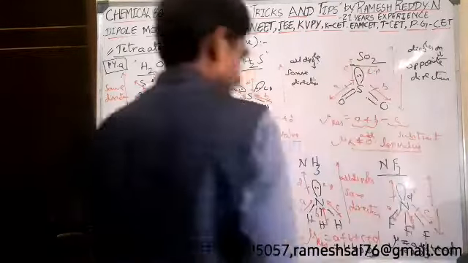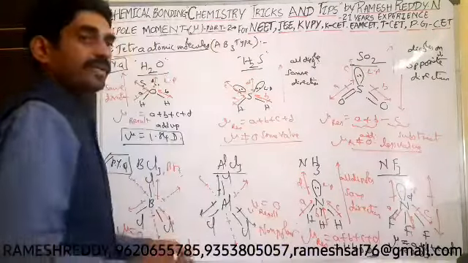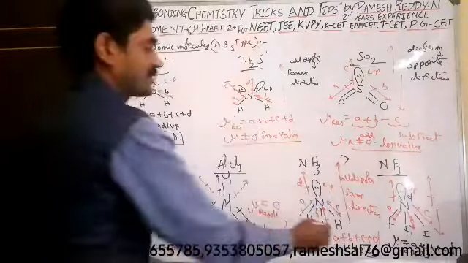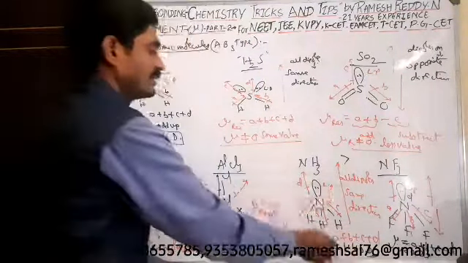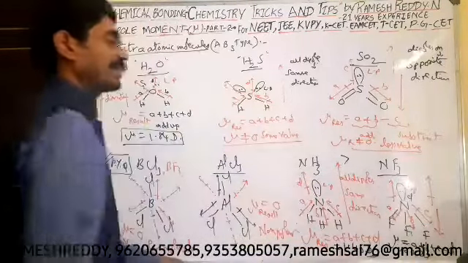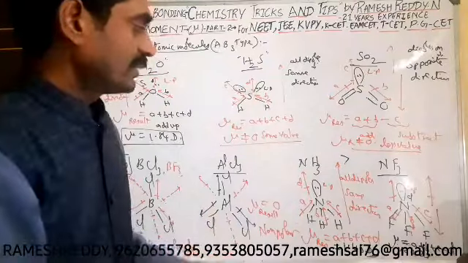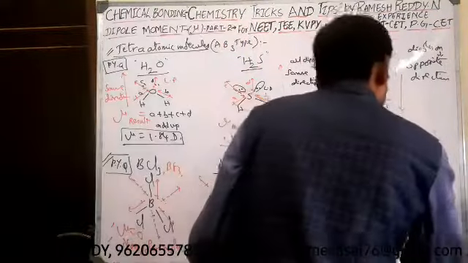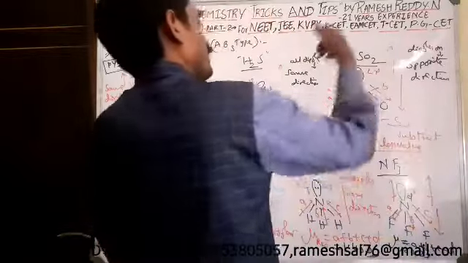Is it clear? So if they ask, NH3 and NF3, which one has the highest dipole moment, it is NH3 because it is 1.46, while NF3 is 0.2 debye. Why? In NF3, due to the high electronegativity of fluorine, the dipole is towards the fluorine atom, and due to the lone pair it is in the opposite direction.